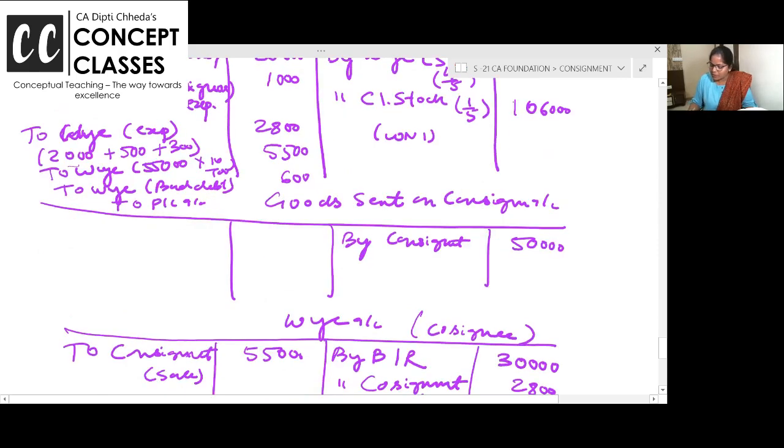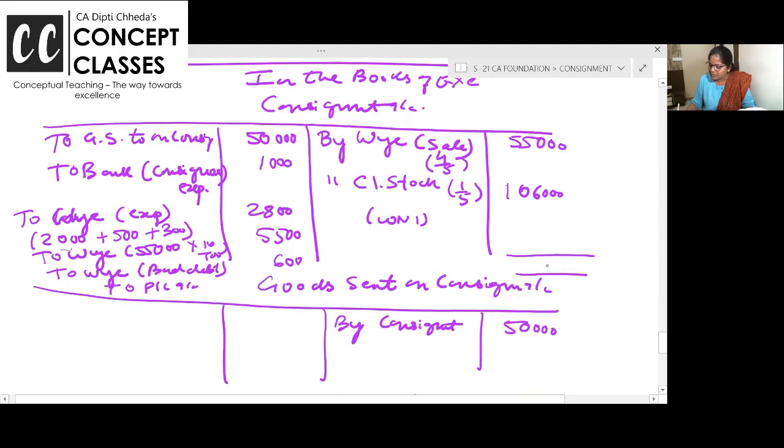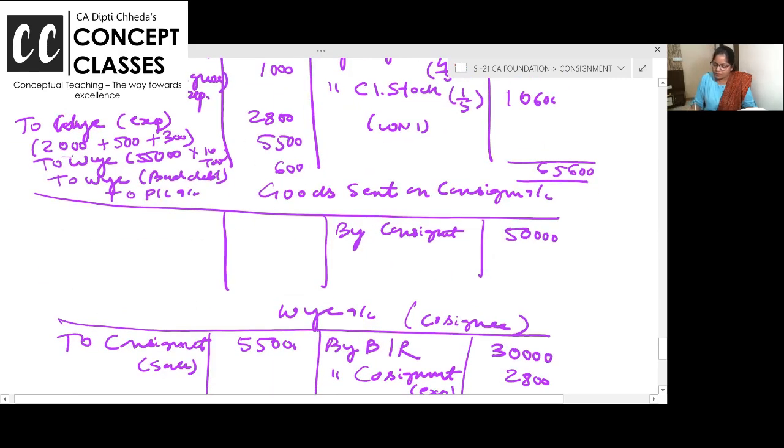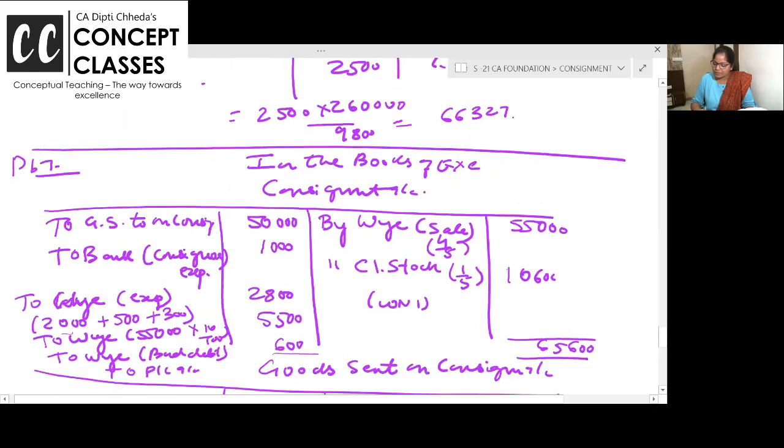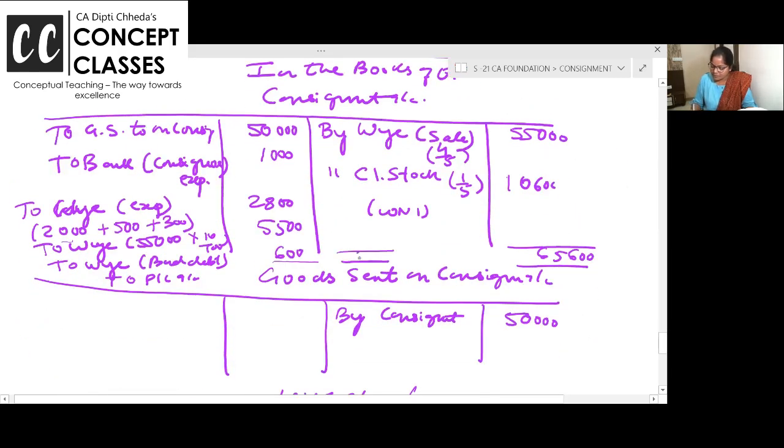You have made it too small, you also made it small. 10,600. 65,600 is the total. How much is the profit?